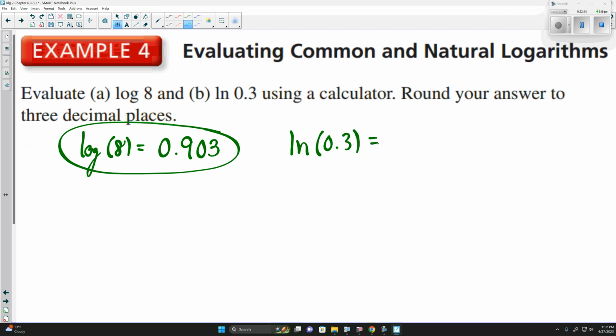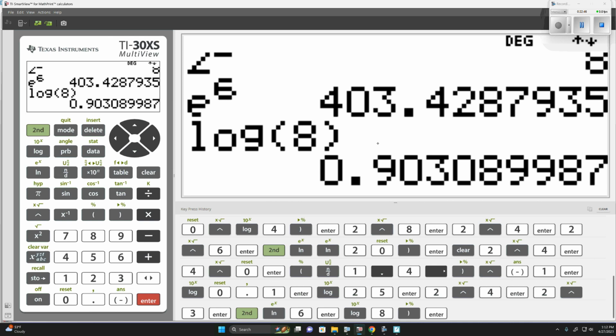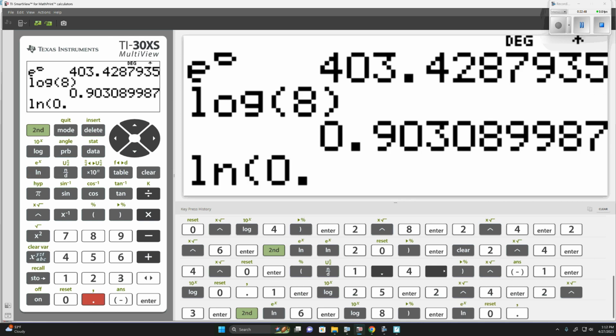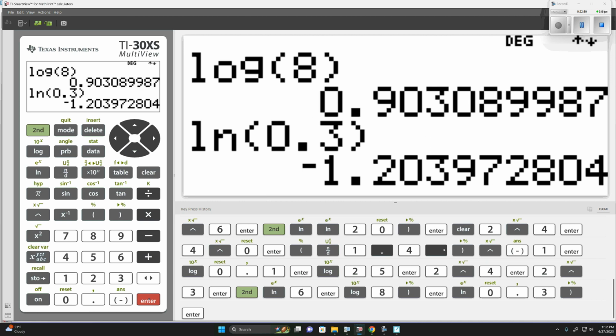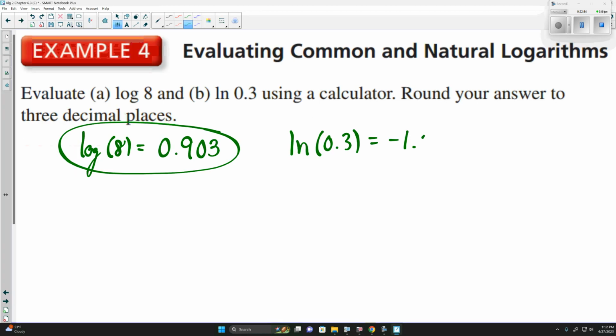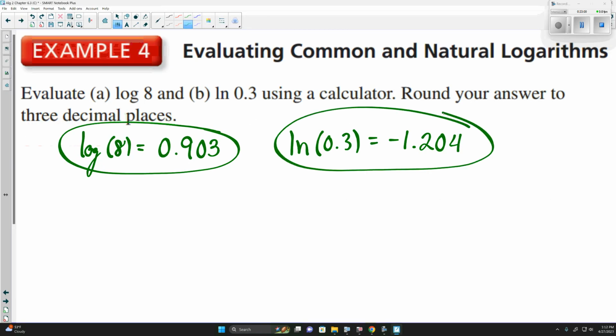Now if we did ln of 0.03 or ln of 0.3, there's 204. Questions on this one here?